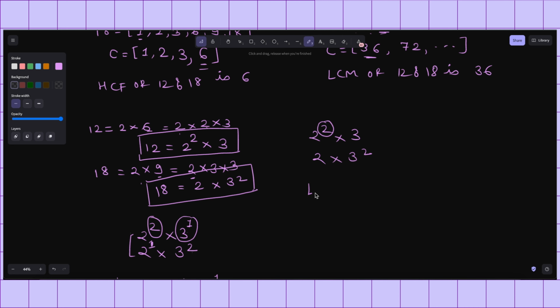So LCM will be 2 squared, since the highest power of 2 is 2, and 3 squared, since the highest power of 3 is 2. 2 squared is 4 and 3 squared is 9, so 9 fours are 36. So 36 is the LCM of 12 and 18.